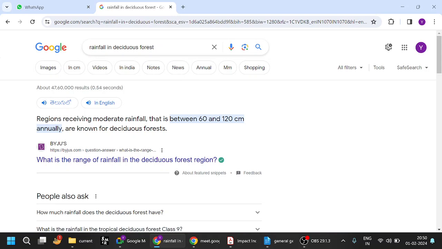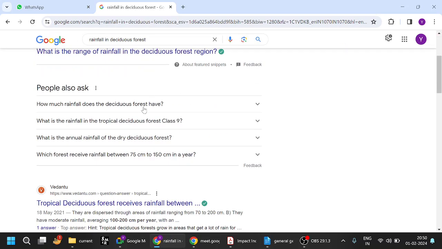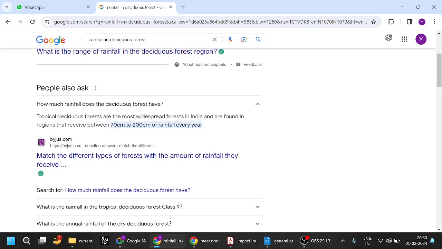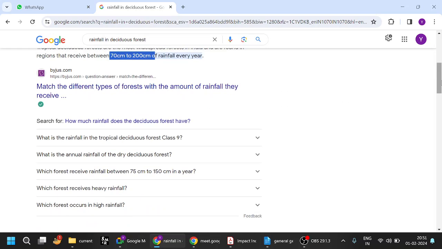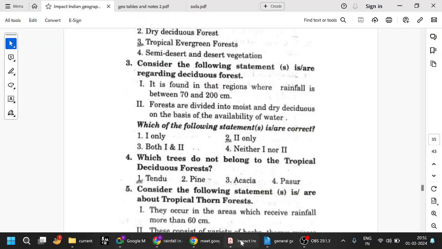Regions receiving moderate rainfall between 60 to 120 are deciduous. Let us see, 70 to 200. Different people give different figures. Above 200 evergreen, below 200 is deciduous. You can remember approximately like that. More rainfall is evergreen.